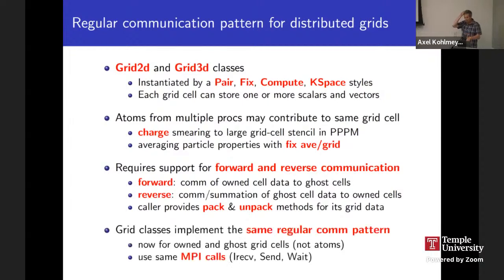So these grid classes thus implement, for grids as opposed to particles, the very same regular communication pattern that I talked about in detail for particles. But now it's just for owned and ghost grid cells, not atoms. So it uses the very same MPI calls, receive, send, and wait, that regular communication does for atoms.